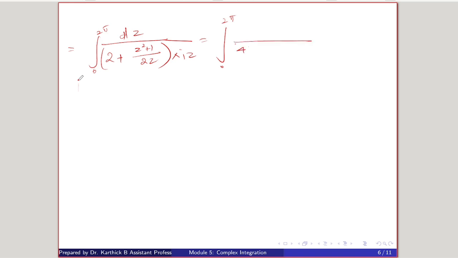And the next step, it will be the integral from 0 to 2 pi of 1 divided by 2 plus (z square plus 1) by 2z, I may multiply by z, and it can be written in the form of 4z plus z square plus 1 divided by 2z into iz.